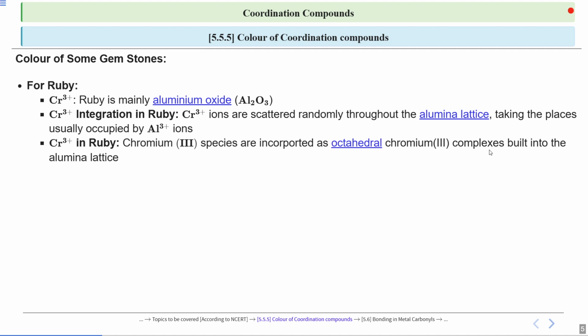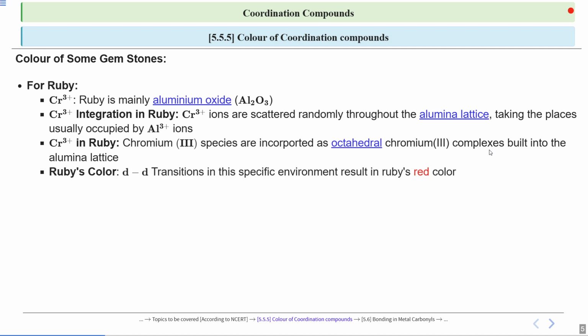This is how chromium 3 positive is present in the ruby.